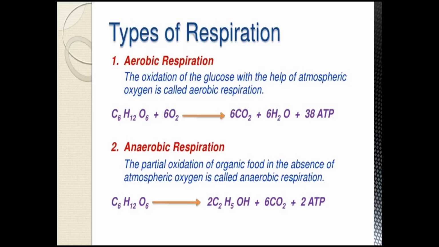External respiration means oxygen is taken inside and carbon dioxide comes out. That is a simple process. Next, the biochemical process within the cells where food is oxidized to obtain energy is known as cellular respiration.